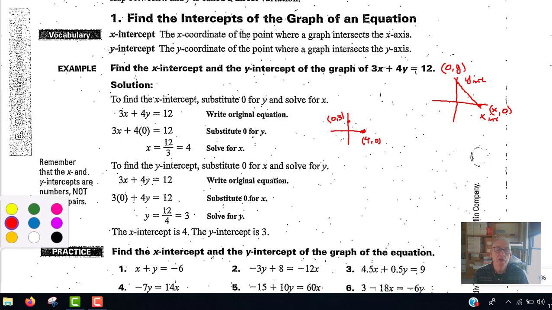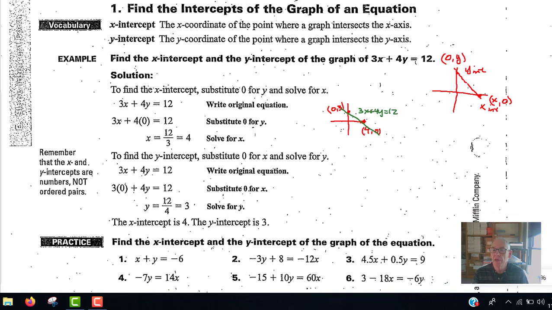When I connect those together, or draw a line through those, I'll have a pretty quick graph of the line that goes with 3x plus 4y equals 12. So to find the intercept, you put a 0 in for x and find y, and put a 0 in for y and find x.